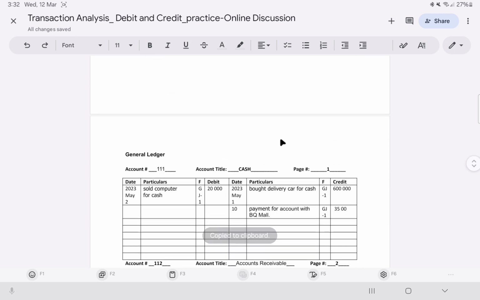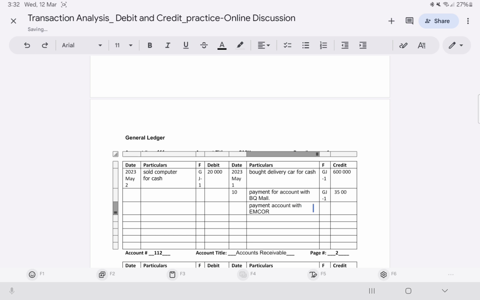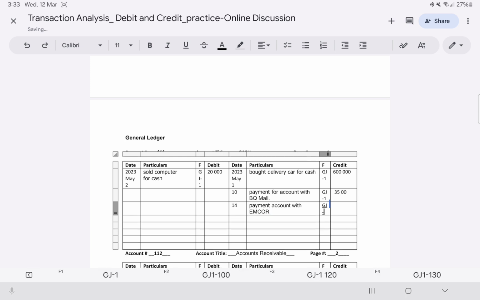Credit. And that's credit. GG1 page 1, 25,000.